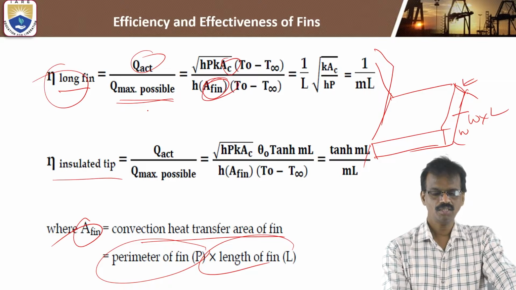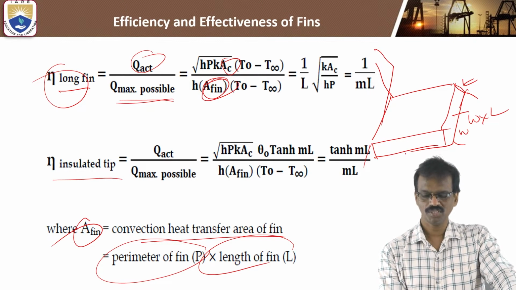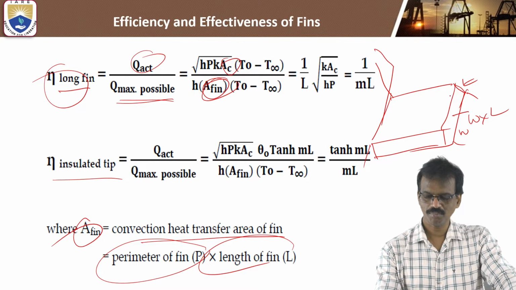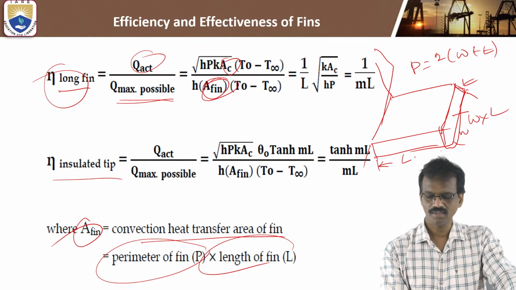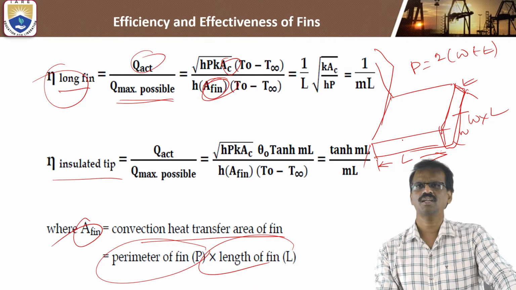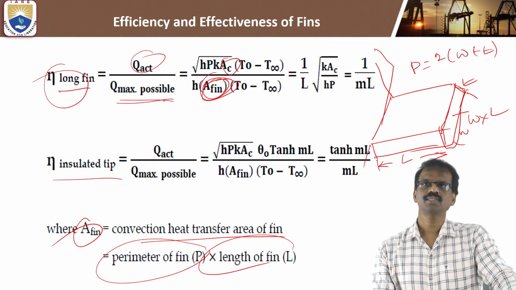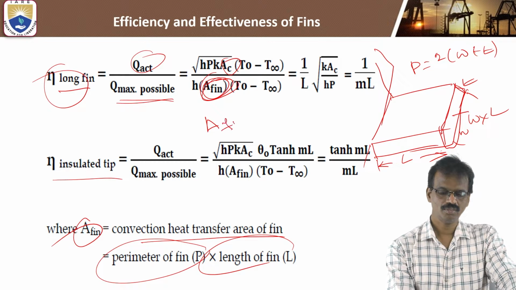So this area of the fin means the total surface area: top surface area, bottom surface area, side surface areas. That means the perimeter. So P is equal to 2 into (W plus T). This perimeter up to length L, so that is the total lateral surface area that will be counted. So that is the A fin. We have to identify that one. So this A fin is equal to perimeter into length.